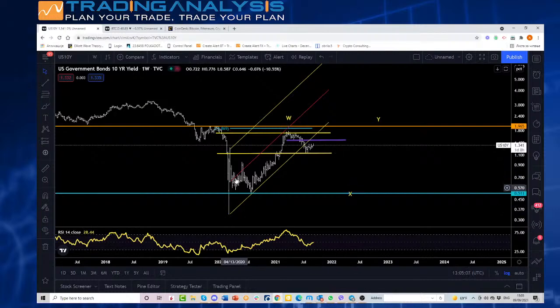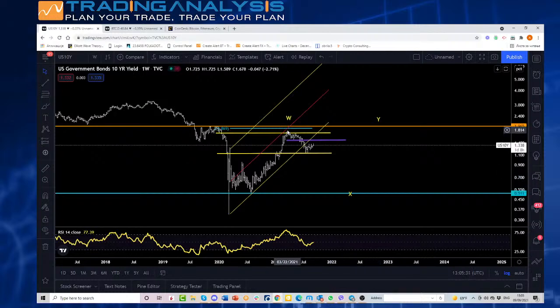When you have these three-wave corrections, it can be either a triangle or a complex one. We kind of agreed, though we don't know for sure, that it may be a complex one. If we break these levels, it might represent a more objective movement in rates over the next couple of months and even a whole year.